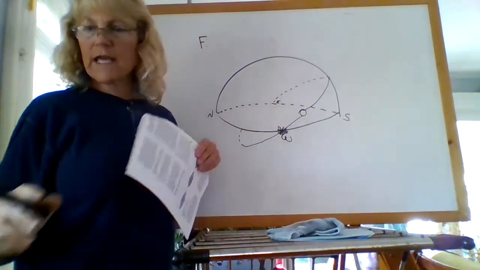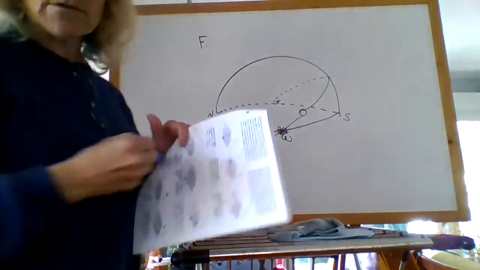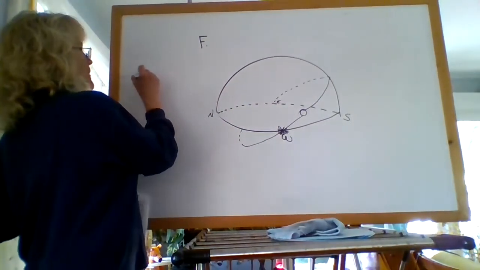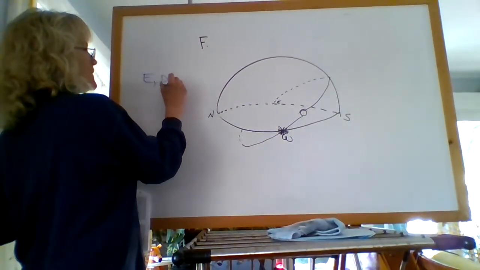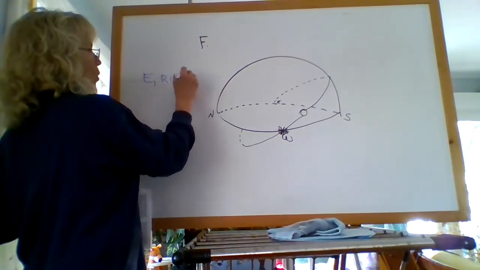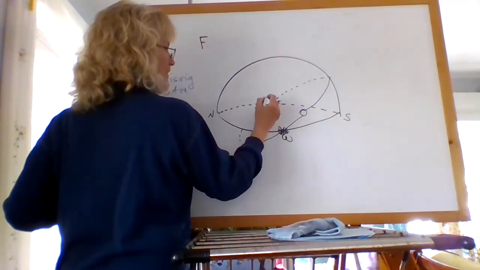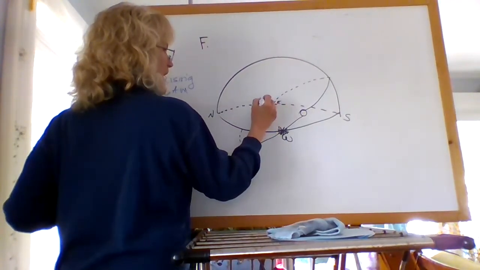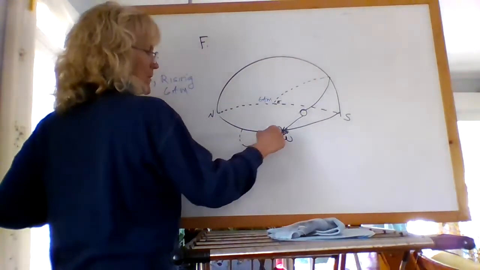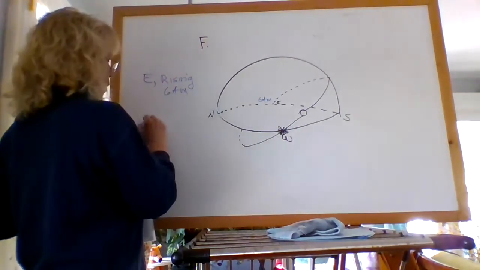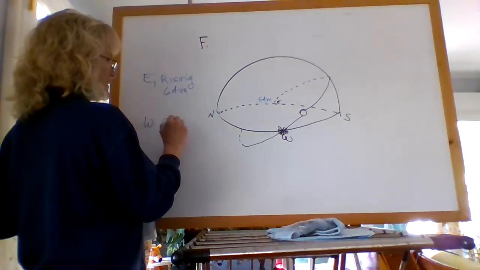If I'm looking at the east, rising, so the east is going to be rising or 6 a.m. So I could actually say that this would be the 6 a.m. position. Over here, the sun, right now, west is going to be setting.